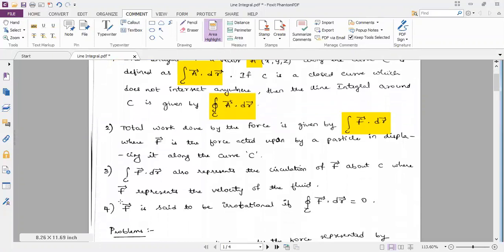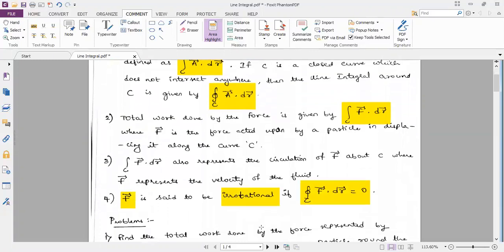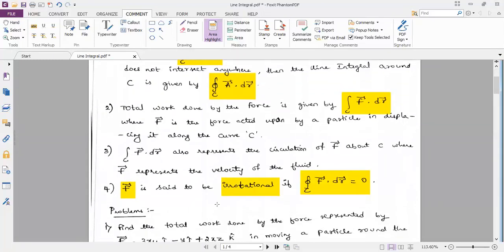And vector F is said to be irrotational if it satisfies the condition integral over the closed curve C F dot dr is equal to 0. We'll see problems on line integral in this class.